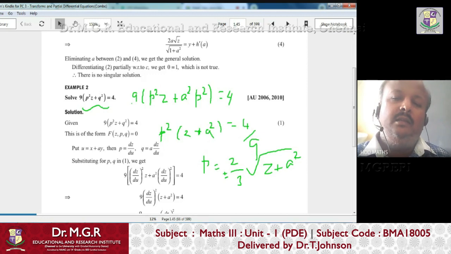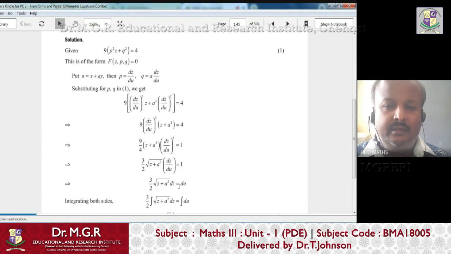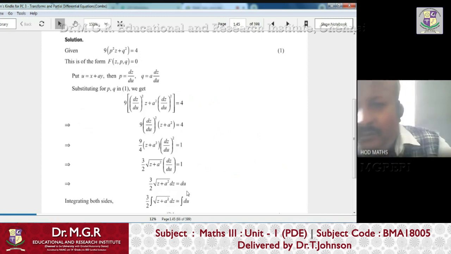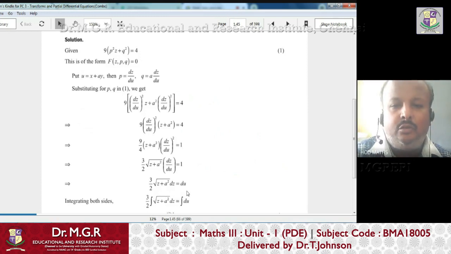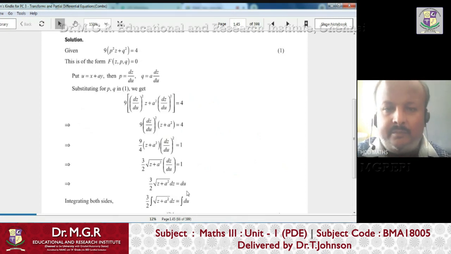So what is p? Plus or minus 2 by 3 square root of z plus a square. So dz by du is nothing but 2 by 3 square root of z plus a square, right? So what we got? p equals 2 by 3 square root of z plus a square.